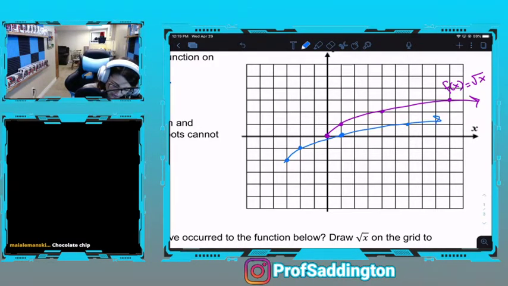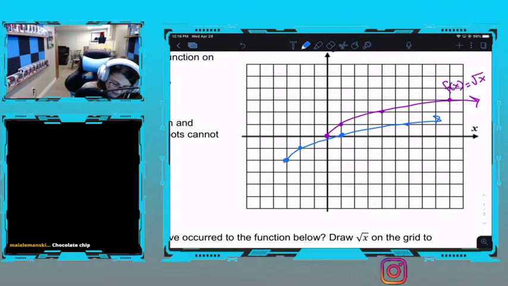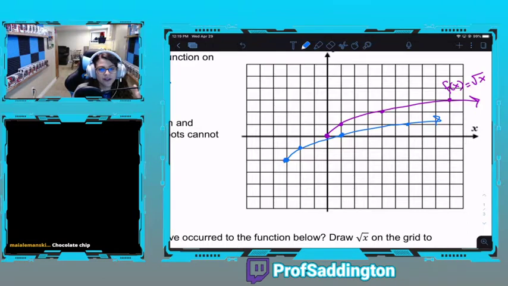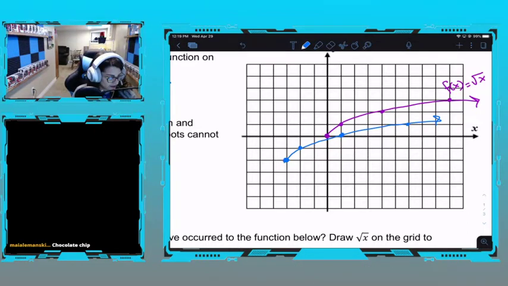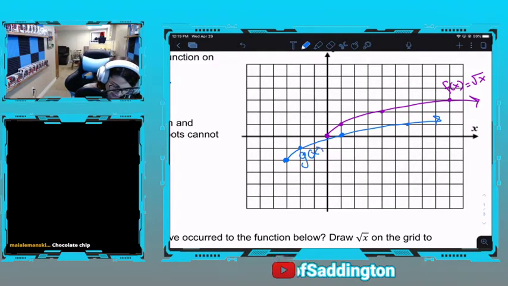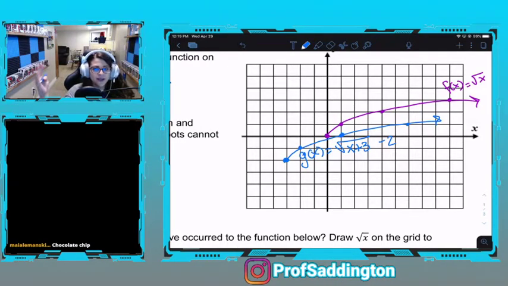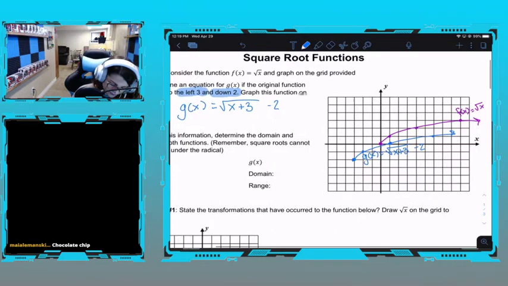And if you look in your table, you'll notice that anything to the left of that first point, at -3, -2, is going to also give you an error message. And this is g of x equals radical x plus 3 minus 2. All right, so we see it's just shifted lower and to the left.